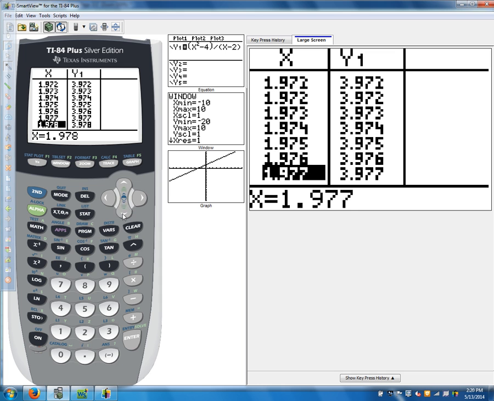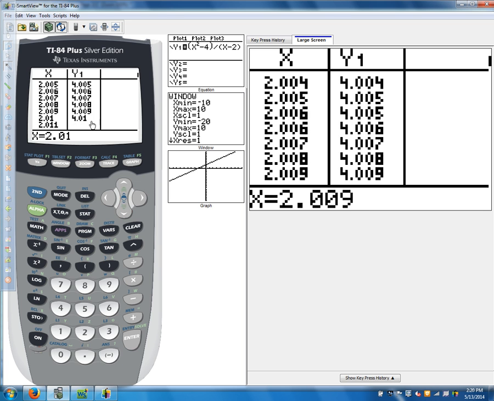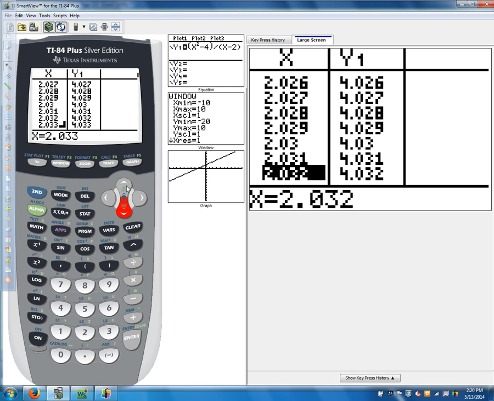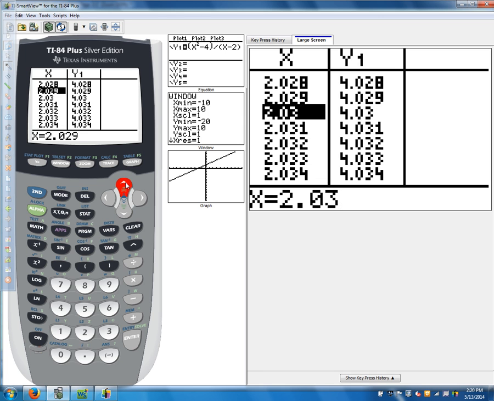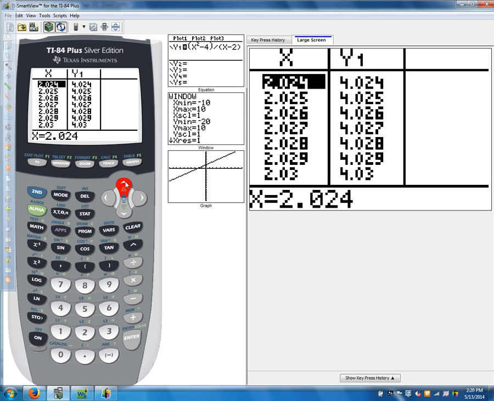I probably should have started at 1.99. But we can see we're getting closer and closer. Whoops, pressed too many. So now we're getting further away from 2. My computer can't keep up with my key presses. So as we get closer and closer to 2, on either side, the function is getting closer and closer to 4.